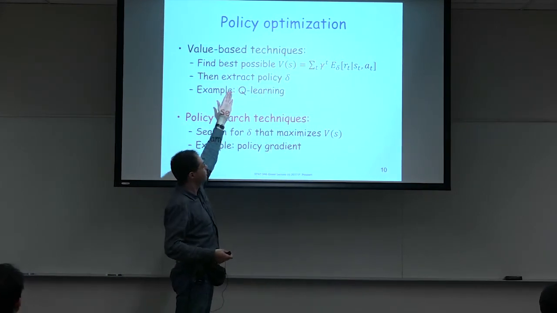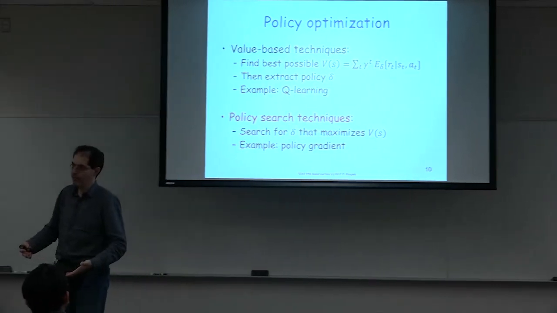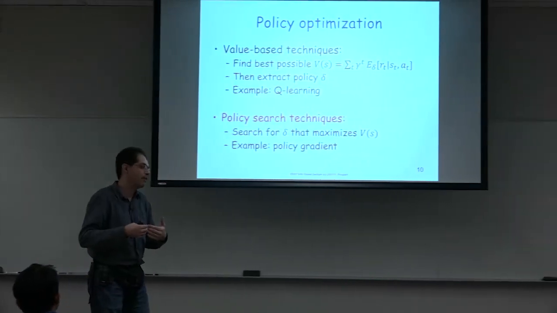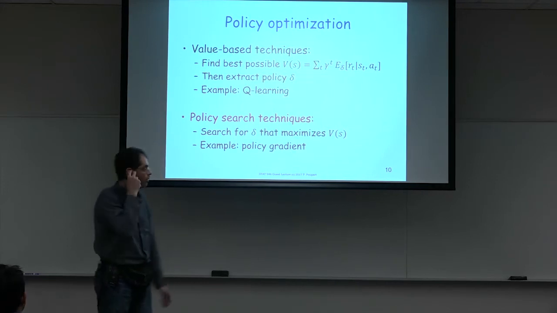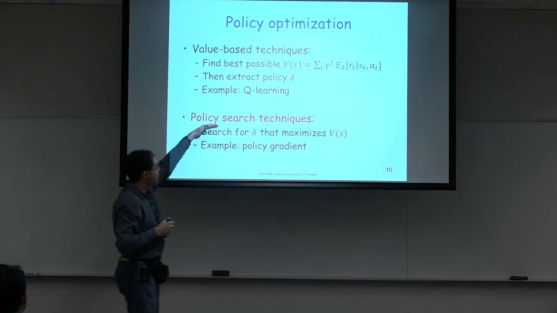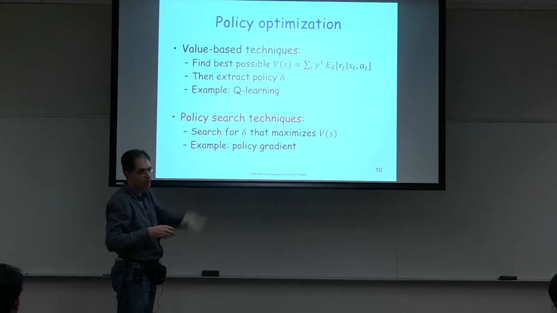Whereas in the value-based techniques, we don't have an explicit representation for the policy. Instead, we're simply trying to see what might be a good value function, and once we have that, then we recover a policy.